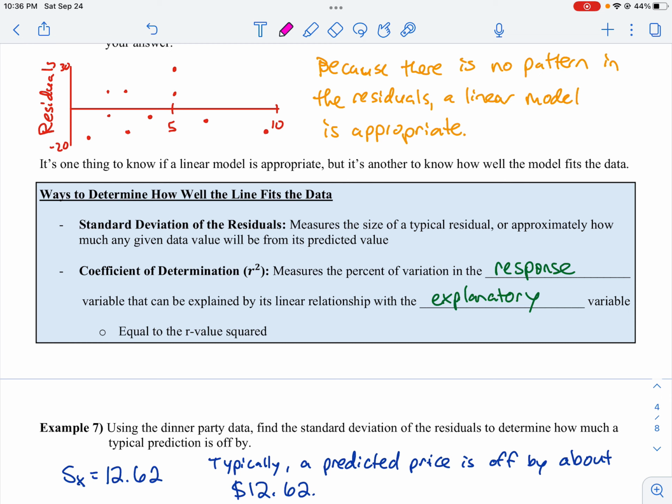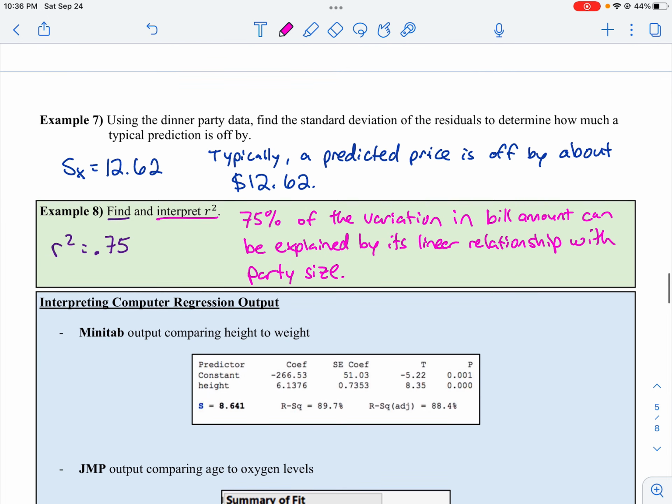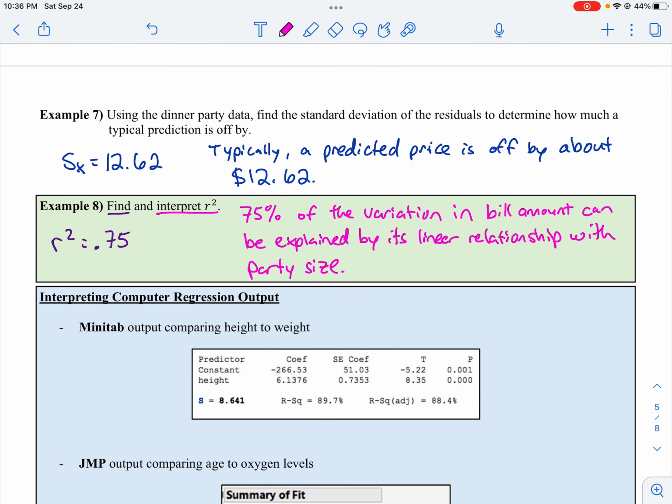Then we also had the coefficient of determination, which we just call R squared. R squared measures the typical percent of the variation in the response variable that can be explained by its linear relationship with the explanatory variable. It's just simply the correlation value squared. Okay, and so we just did some examples with those.